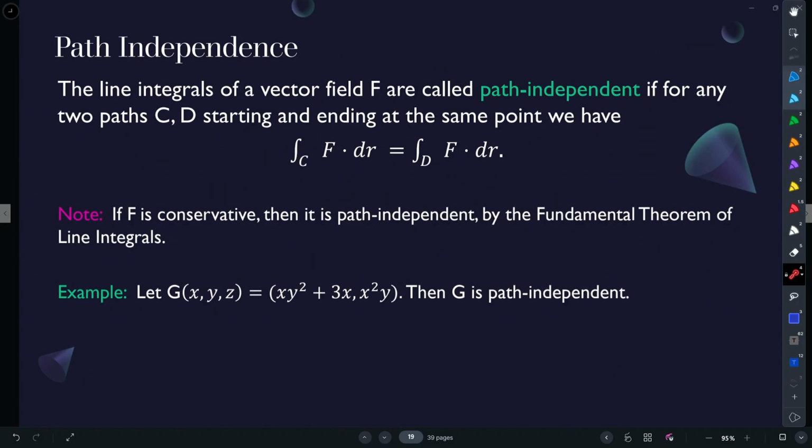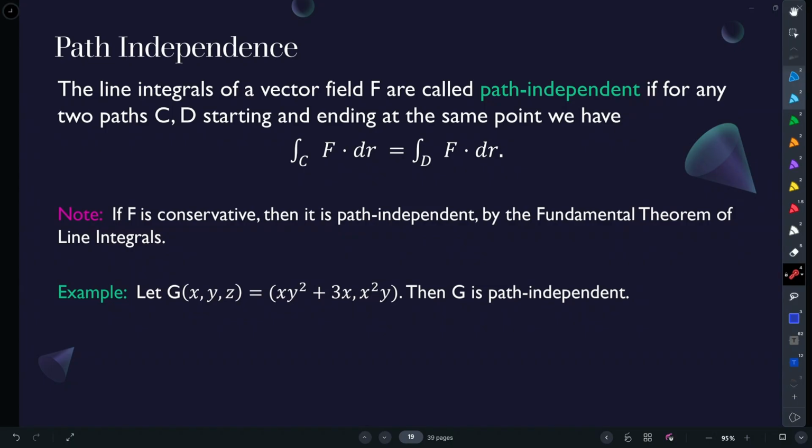Okay, so some more theory. The line integrals of a vector field are called path independent if for any two paths we actually get the same value. So if you look at what had just happened with conservative vector fields, the fundamental theorem of line integrals tells you that the path did not matter at all.